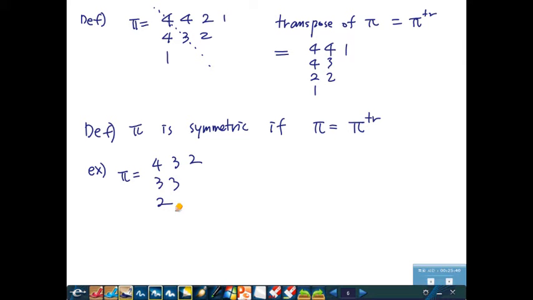This is a symmetric plane partition. Reflected, it is the same. And as a diagram of boxes, you will see something like this.